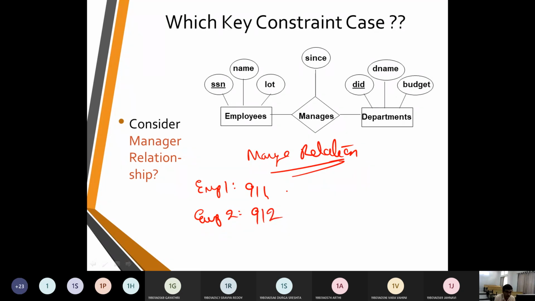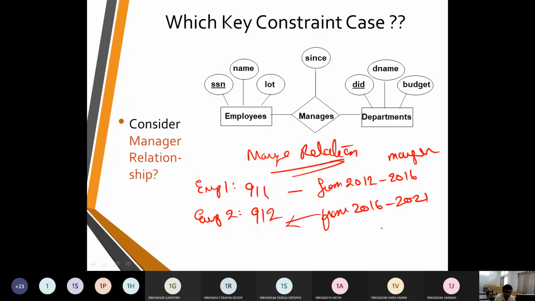Now, 912 from 2012 to 2016 was the manager. From 2016 to 2021, 912 was a manager. Both 912 and 911 are going to be employees in this set.